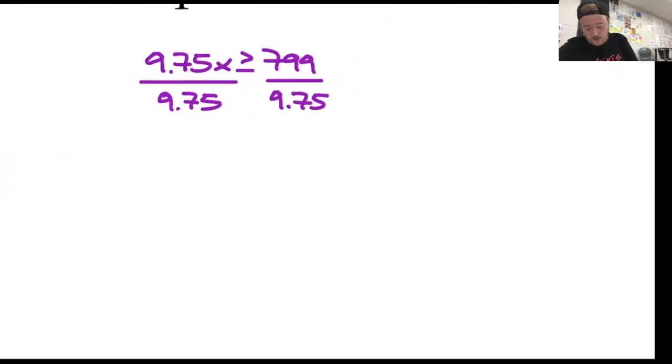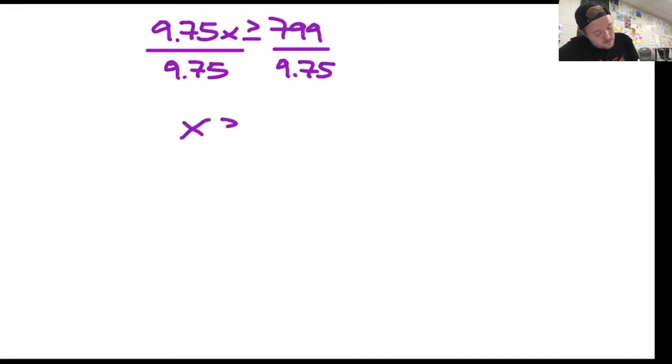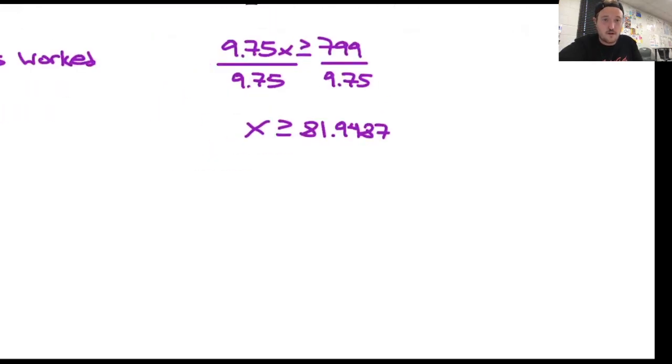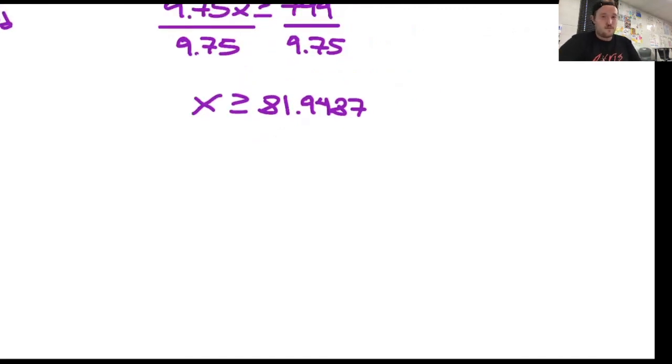So I'm not a human calculator, so I'm using my calculator for this one. So x greater than or equal to 81.9487. I always use 4 decimal places. I know it sounds like a lot, but that's actually typical. Okay, so here's the thing.